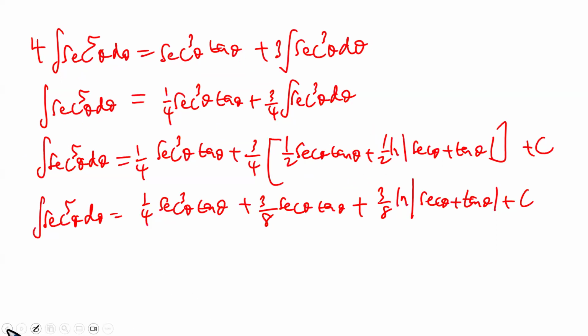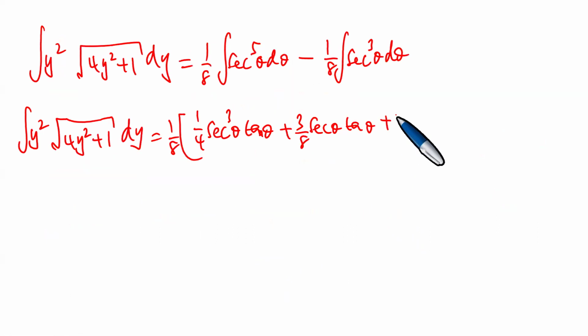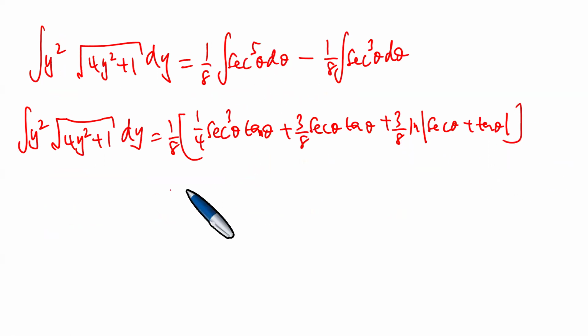And what else? Plus 3/8 of the ln of the secant of theta plus the tangent of theta. Right, so this is exactly for this part. And then we have minus 1/8.